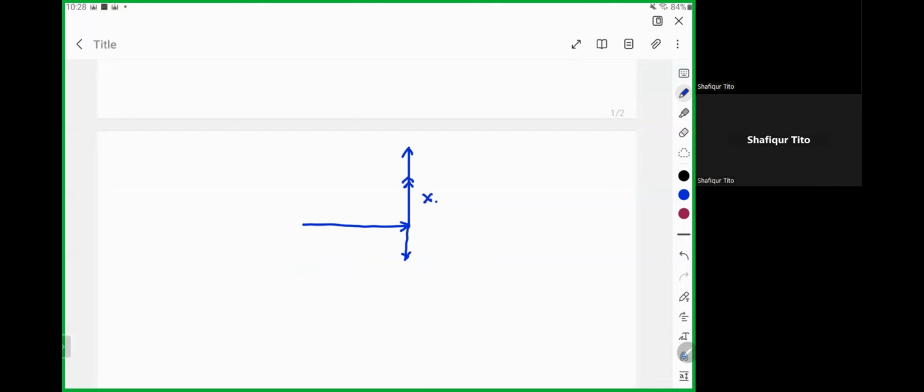So it will be XL minus XC. So Z will be equal to R plus J(XL minus XC). Okay, so these are the four scenarios that we can have.